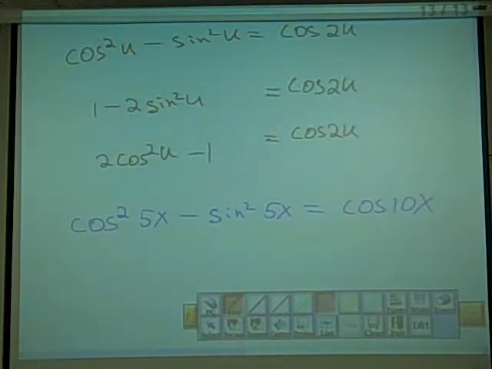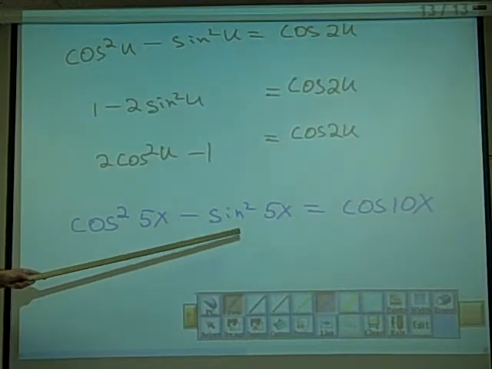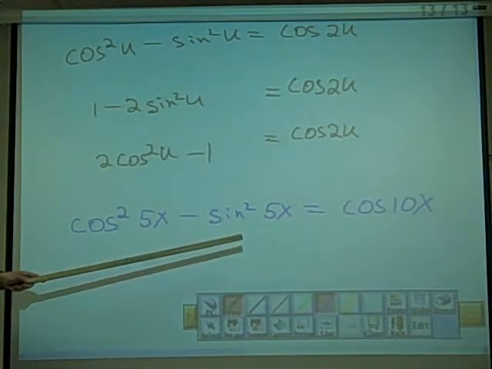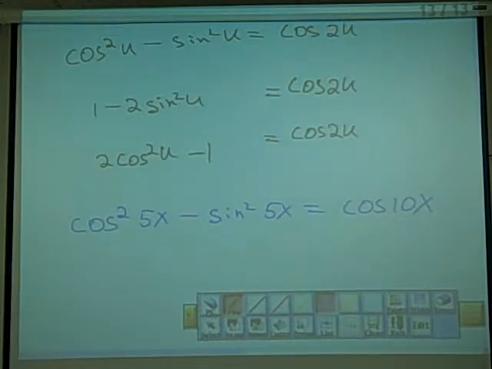This is similar to cosine squared u minus sine squared u is cosine 2u, except here the u is equivalent to 5x. So cosine 2u would be like saying cosine 2 times 5x. It gives you 10x. So we want to prove that those two sides are equal.